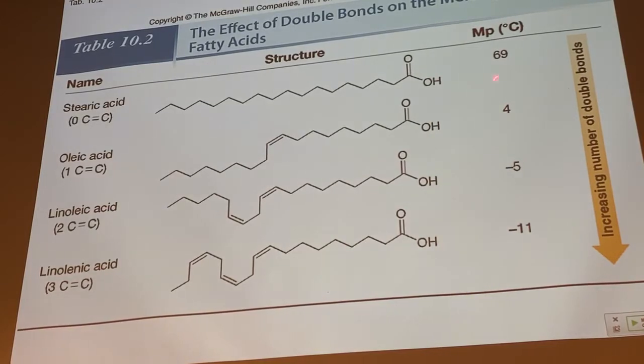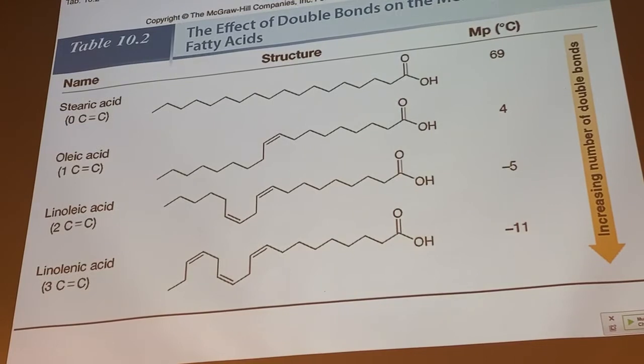We see here that the saturated fatty acid is going to be a solid at room temperature. And so we also refer to those as fats. So fatty acids that are solids at room temperature are called fats. And then the ones that are liquids at room temperature are kind of an oily liquid, so we refer to those as oils. Okay?